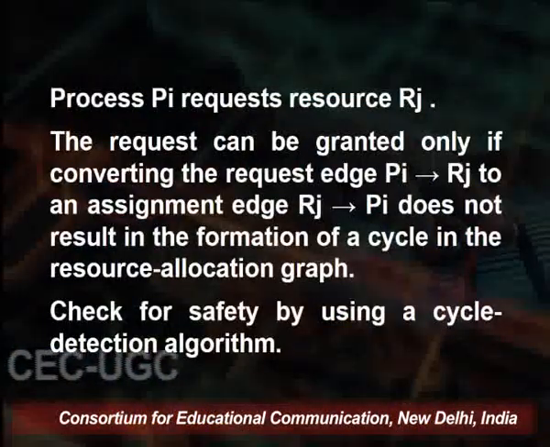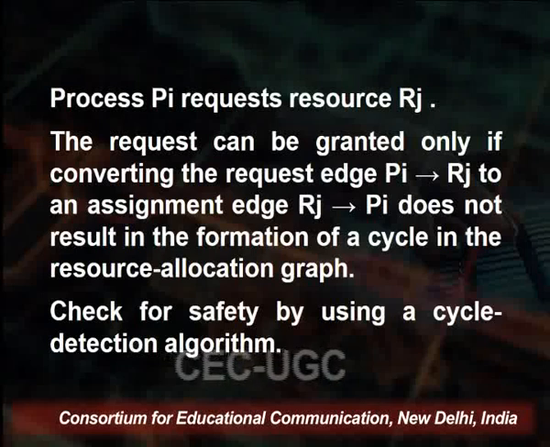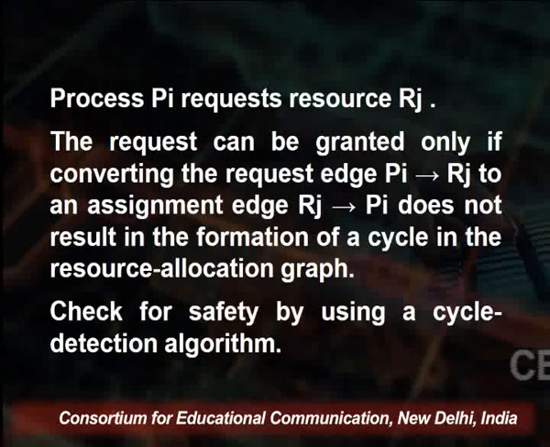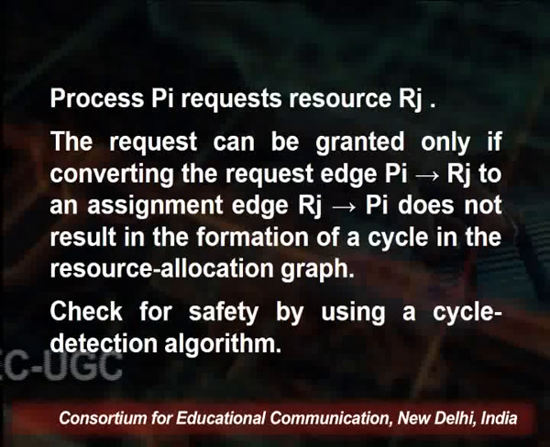So all the resources are claimed a priori into the system, and now let us say a process Pi requests resource Rj. Now this is what a resource allocation graph is as a tool for deadlock avoidance.